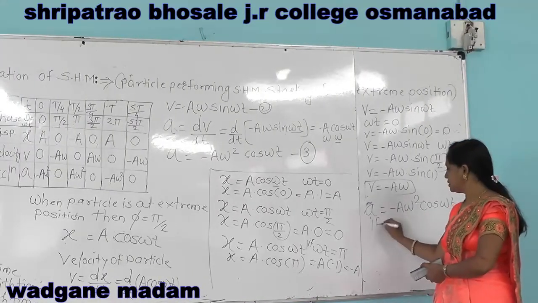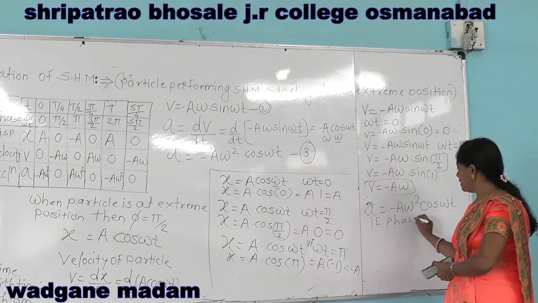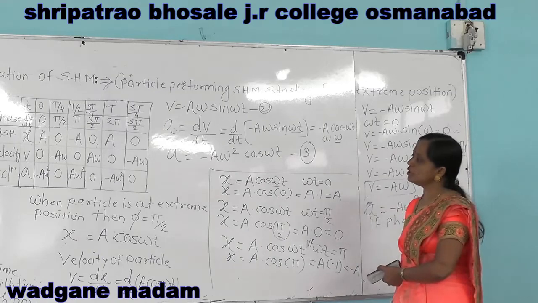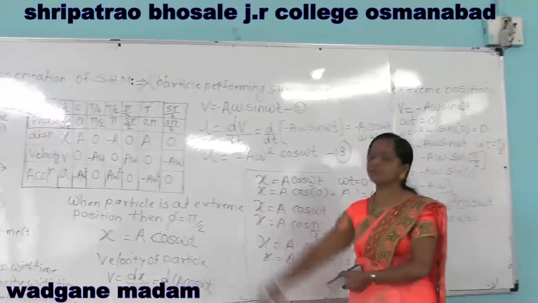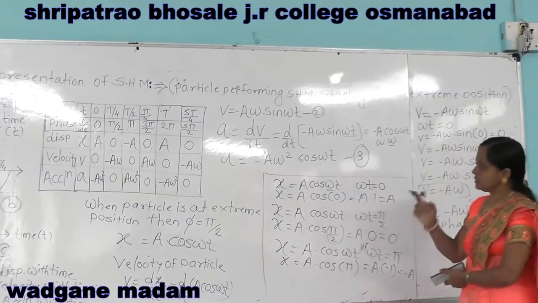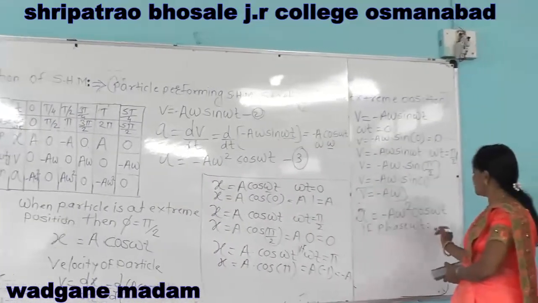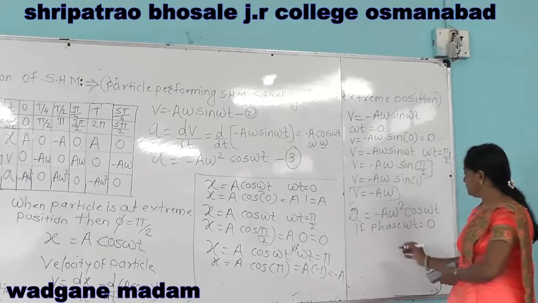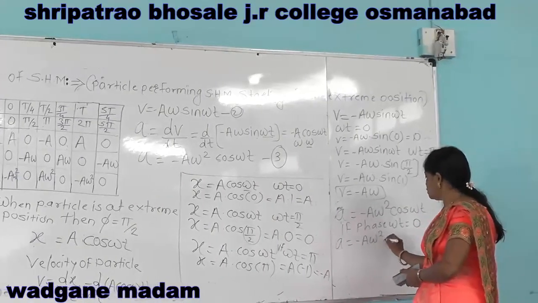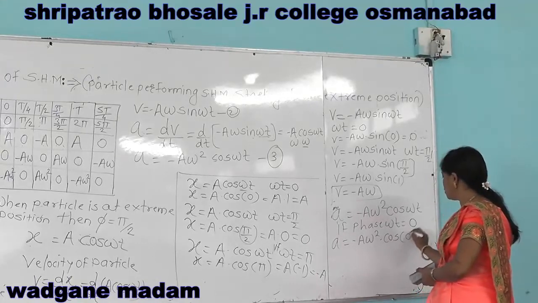If phase is omega t, first consider the time interval t is equal to 0. Then the phase theta is equal to 0, omega t is equal to 0. Then we get acceleration minus a omega square into cos of 0.